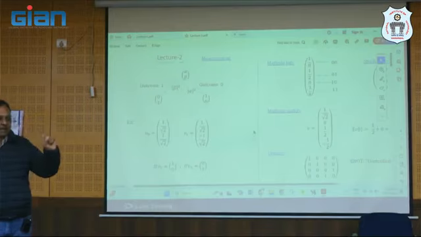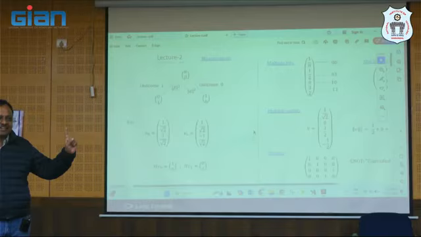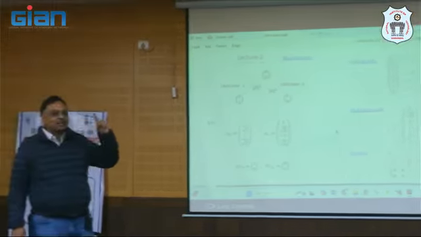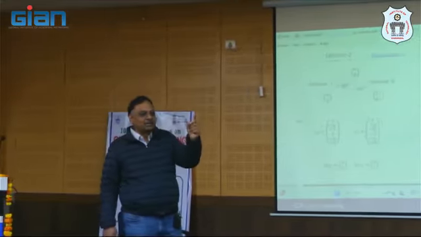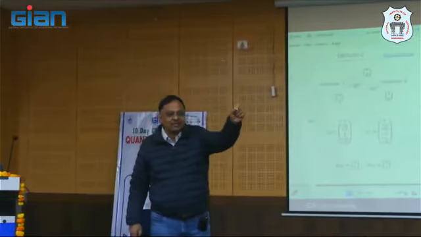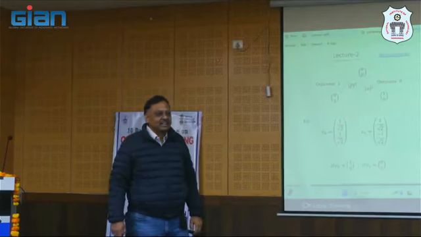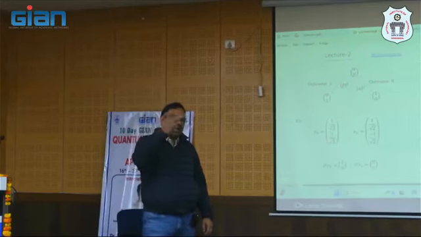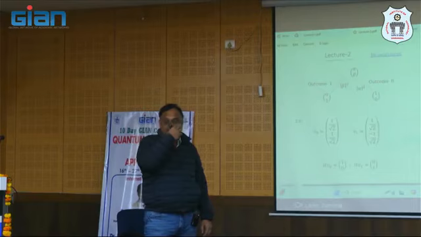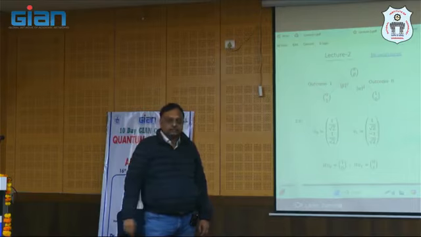You apply Hadamard followed by another Hadamard, you get identity. That means you have not done anything, so you go back to 1 over square root 2, 1 over square root 2. An even number of Hadamard gates will get me to the original vector.